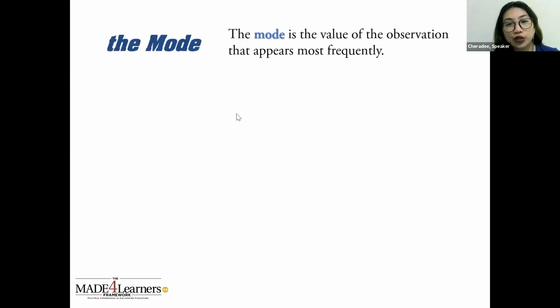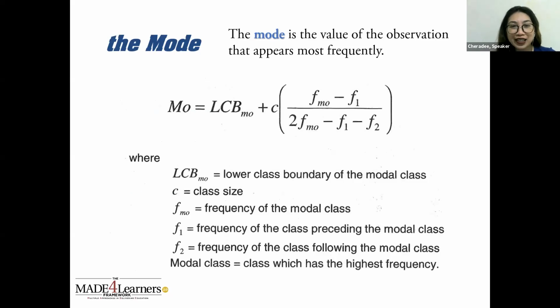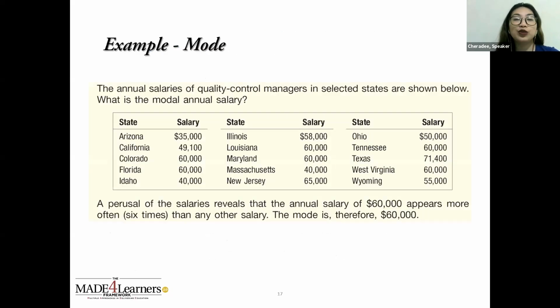Next is mode. This is the easiest one. Mode is the value of observation that appears most frequently. So, the formula looks complicated, but do not believe the formula because it just states that whatever value is most occurring, that is the mode. Example: annual salaries of quality control managers. What is the modal annual salary?